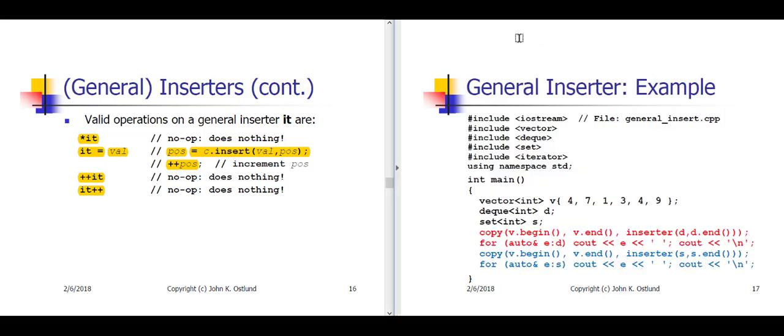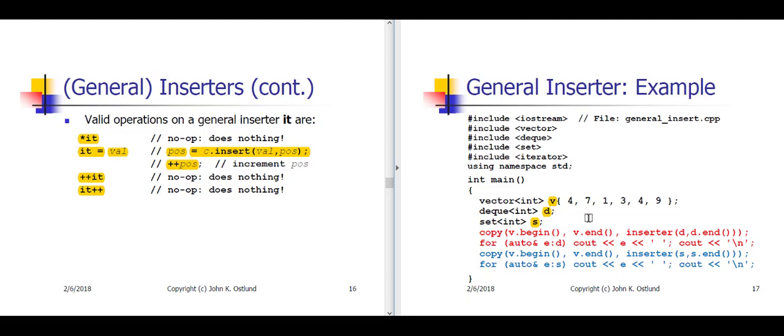Here we have a couple of general inserters that we're using in the code on slide 17. In this example, I have the vector of int v initialized with 4 7 1 3 4 9. I have a deque of int d, which is initially empty, and a set of int s, which is initially empty.